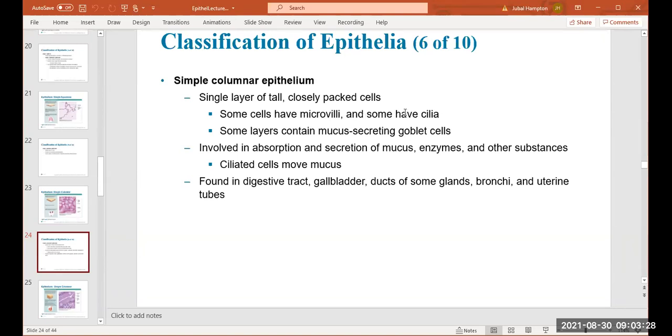Some cells have cilia, and the cilia wave and move things over the surface. Notably, coming up is my favorite tissue, and that tissue is ciliated. And the purpose of that tissue, well, it's to move things out from the deep lung, out into your throat, out into your nose to get rid of debris that you breathe in.